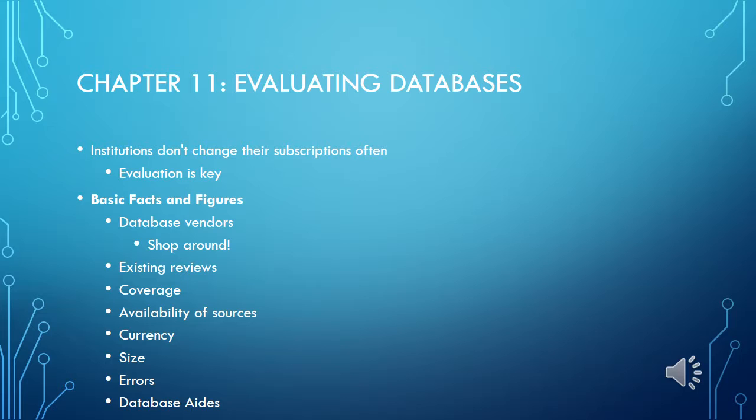Typical errors such as factual errors, typos, and indexing errors can be hard to test, but keep your eye out and spot as you are evaluating to see if there are any errors. Are there any database aids or help functions? And lastly, how much does it cost, and does it operate on a certain platform? Is the database only affected on Linux or iOS or Windows platforms, or does it not matter? These are all things you should keep in mind through the evaluation process.